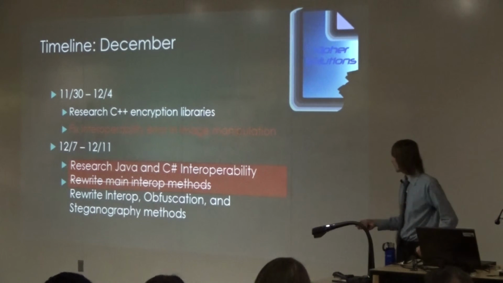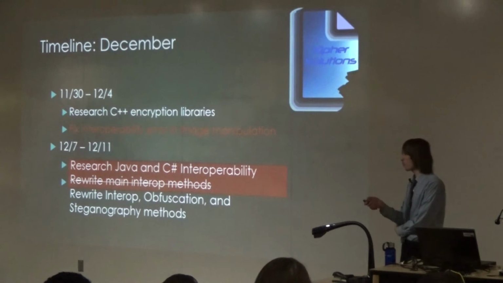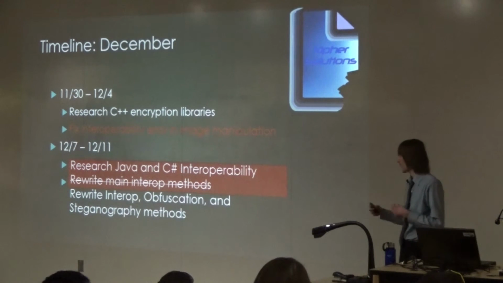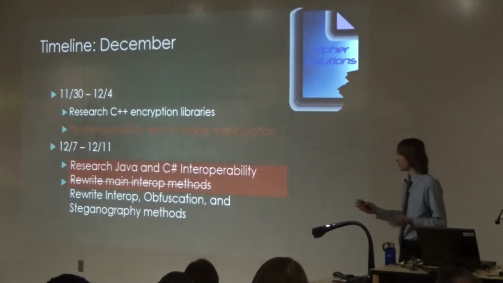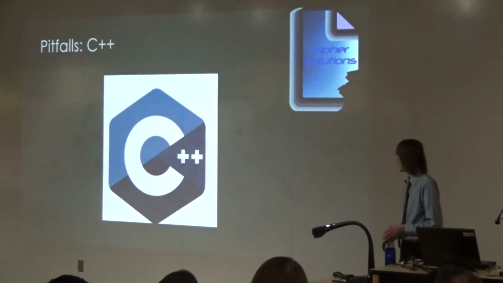I just couldn't get a specific error, and it was just saying that the DLL had an error, and that wasn't really helpful. At that point, I decided to change languages to Java and C#, so I began looking at how to combine those two languages together, and then I had to rewrite all of my methods for pretty much everything that I've done up to that point.